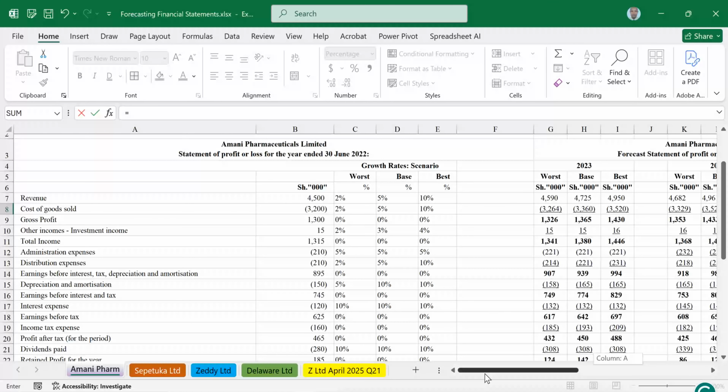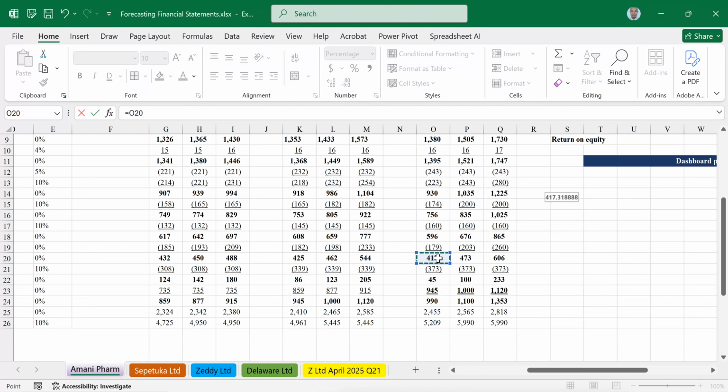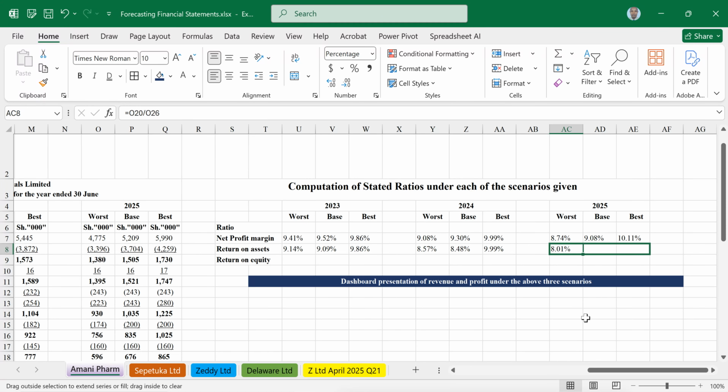Then profit for 2025 is 417. Divide that with 5209. Enter. And copy across. That is how you get the return on assets.